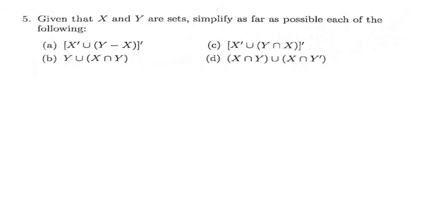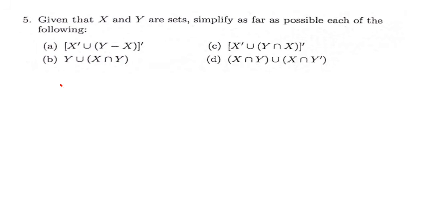We are told that given that x and y are sets, simplify as far as possible each of the following. Now we've got the first one, it is x complement union y minus x, complement outside there. Now you have to recall that you can solve these questions whichever way you want.